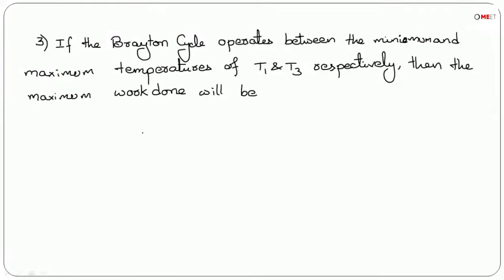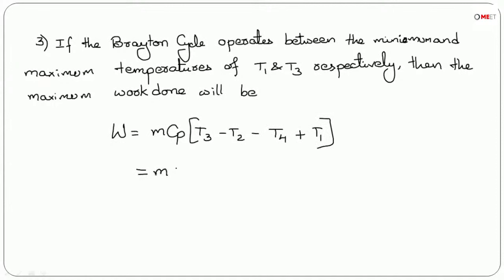so here what we need to consider is the work done formula is MCP into T3 minus T2 minus T4 plus T1. So we need to get this equation in terms of T3 and T1.